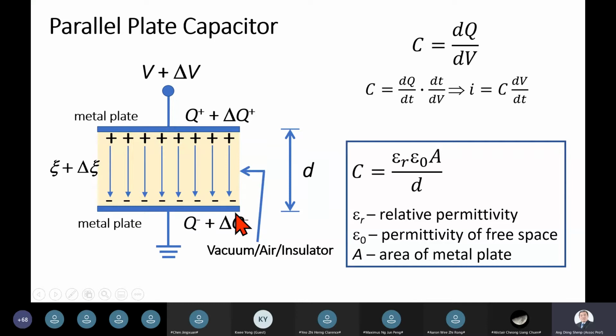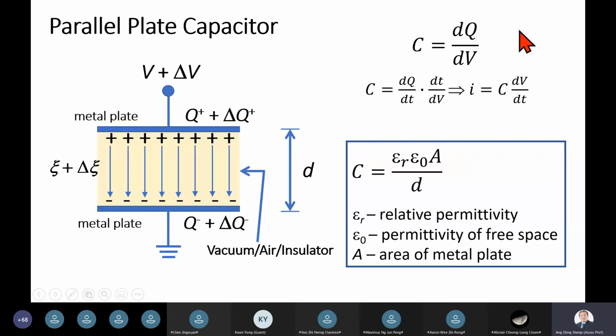All right, so essentially this serves as a capacitor because this arrangement of the two plates separated by a certain distance can store charge, and the charge stored can be changed by changing the voltage across the two plates.